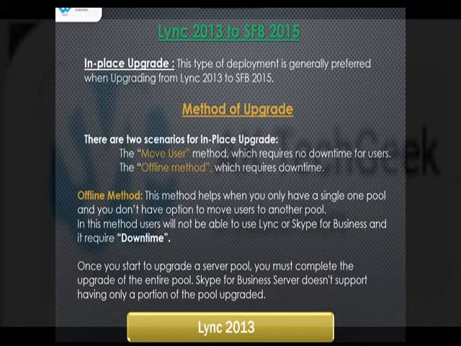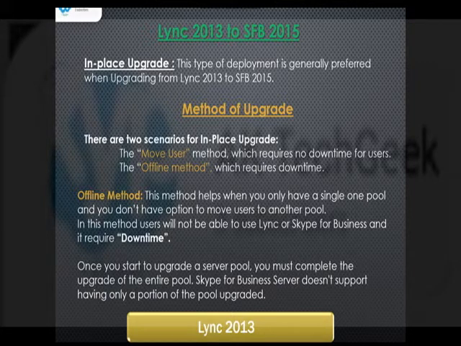Methods of upgrade. In-place upgrade has a couple of methods. One is moving users through the move-user method, and the second is the offline method. The major difference is the availability of the services. With the offline method, you will require some downtime. You will not be able to do it without downtime.